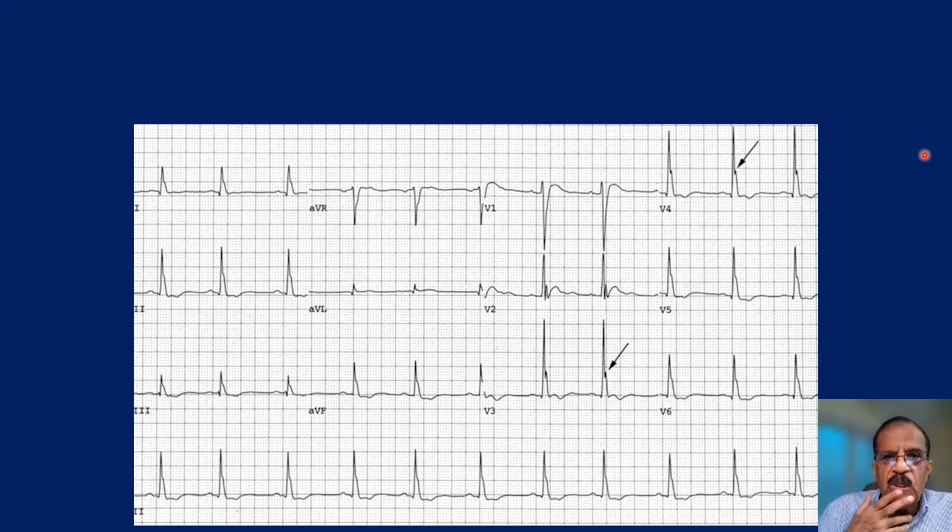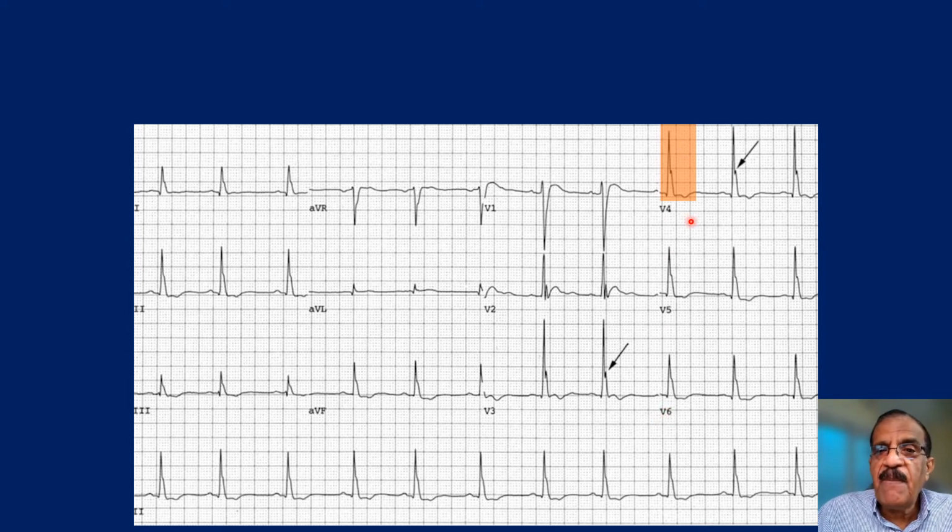Now there is another condition. What do you see here? I would like to draw your attention. This is the rhythm strip. First of all, let's see the QRS duration. The QRS duration is broader than normal, right?